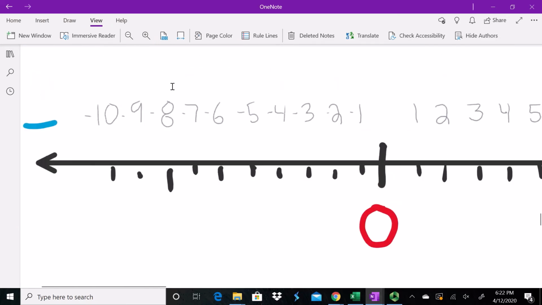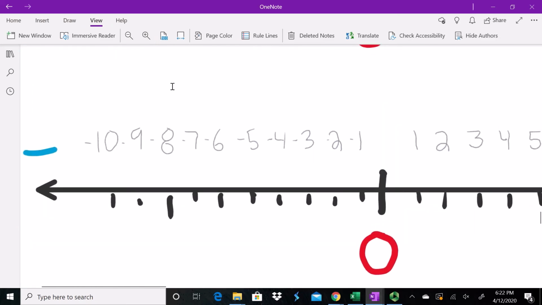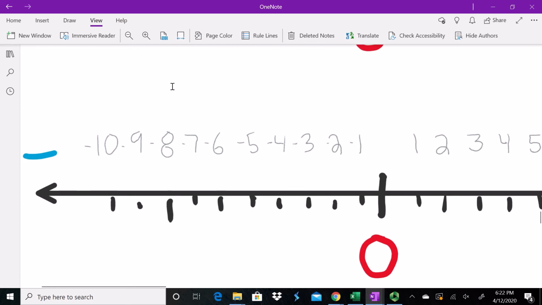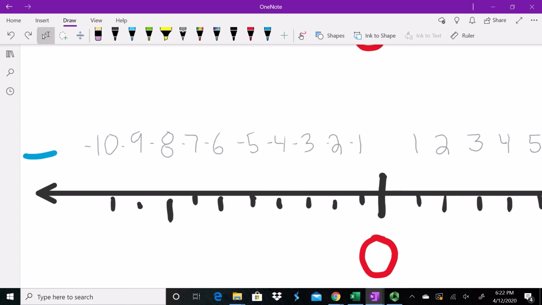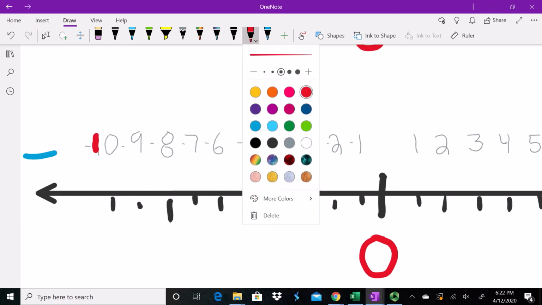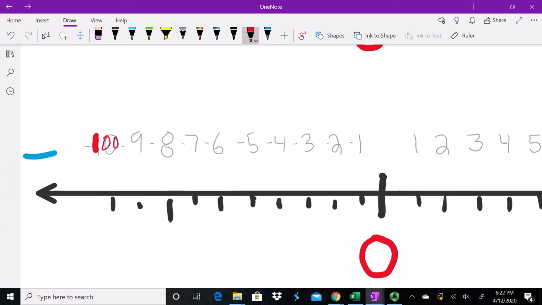I could take these numbers and I could rewrite them to be negative 100, negative 90, negative 80, negative 70, negative 60, negative 50, negative 40.